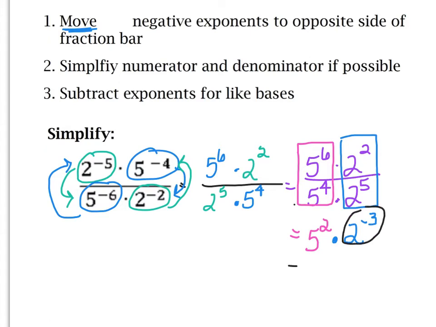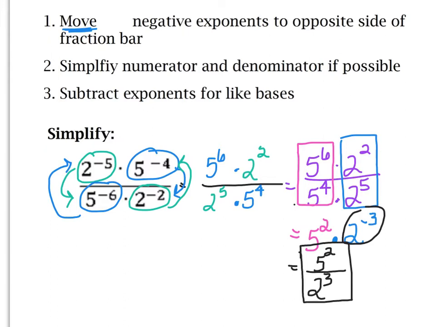So my last and final step, 5 to the 2nd stays where it is since it's a positive, but I need to make my negative 3 exponent positive by moving it into the denominator. So 5 to the 2nd power divided by 2 to the 3rd power is my final simplified answer.